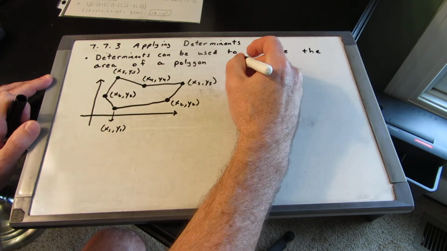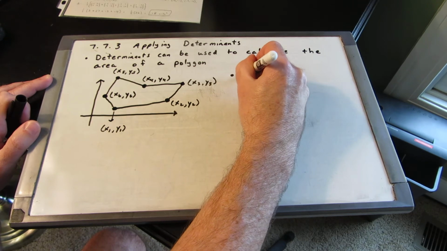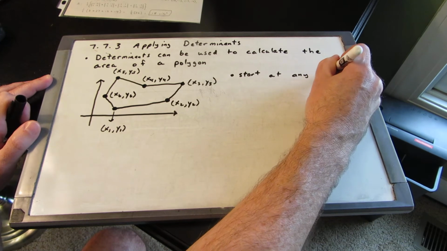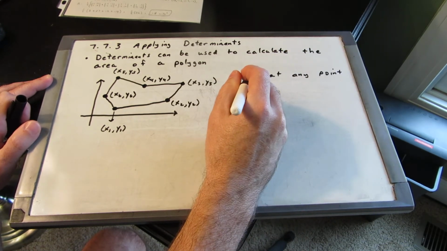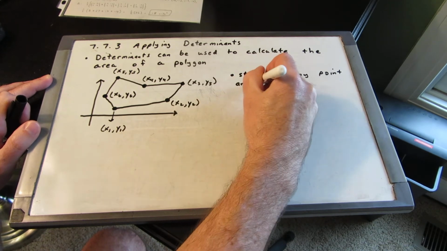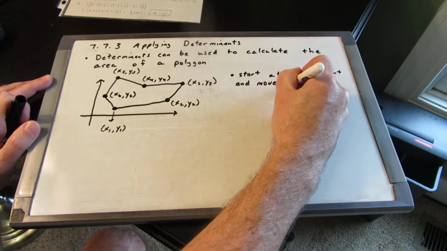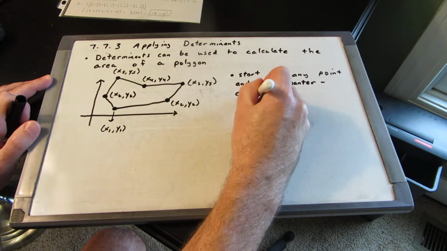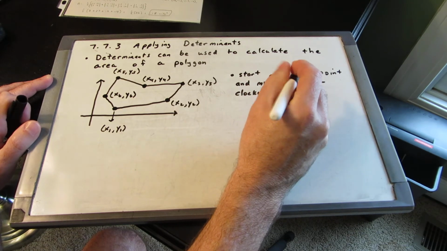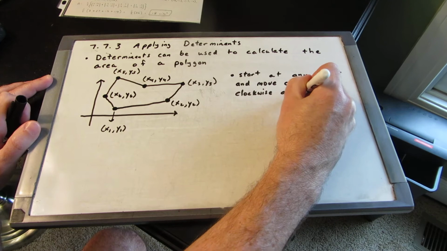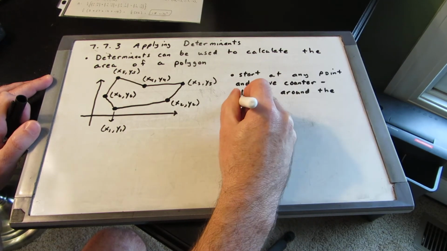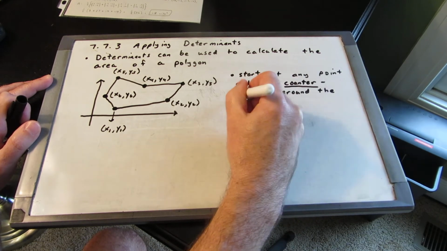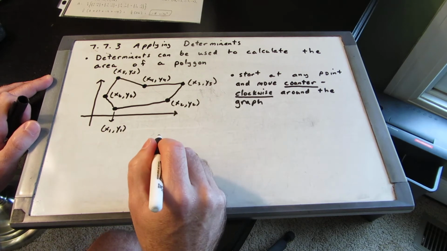So we've got to start at any point and move counterclockwise around the graph. Okay, the counterclockwise part is really important. If you go the wrong direction, you're not going to get the right answer.